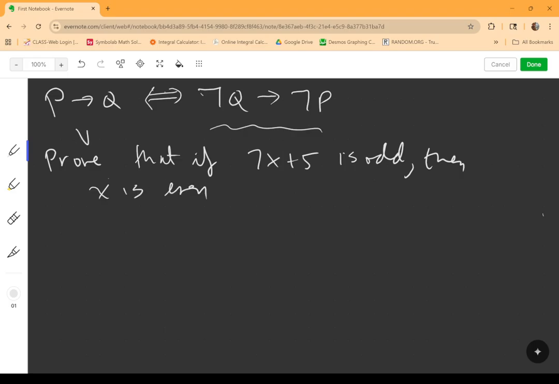And again, we'll look at this for all x that are integers, x an element of Z. So if P is the statement that 7x plus 5 is odd, and Q is that x is even.